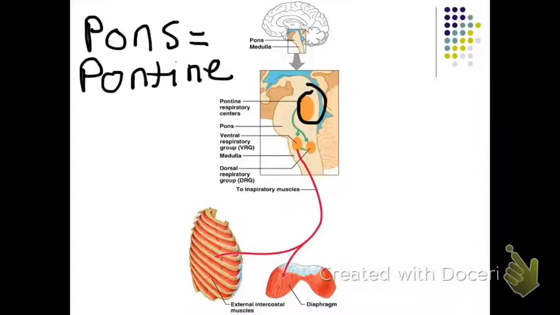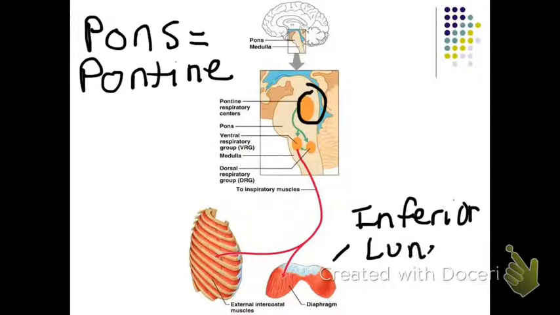And then that innervates all the way down into the intercostal muscles, which line the rib cage, and they also innervate the diaphragm, which just resides inferior to the lungs and thoracic cavity.